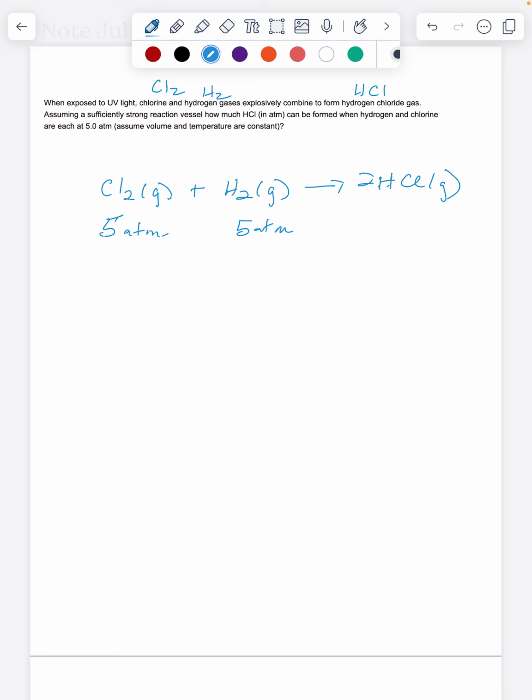This is before the reaction occurs. And by Dalton's law of partial pressures, the pressure of each gas, which we call a partial pressure, is added to the total pressure in our vessel. So at the start, we have Cl2 and H2, and there's 5 atmospheres of each.